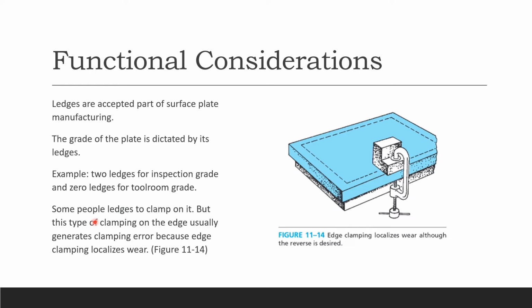Some people use the ledges to clamp on it. But this type of clamping on the edge usually generates clamping error, because edge clamping usually localizes the wear right there. We don't want the wear, especially on the surface plate, because they're very expensive.